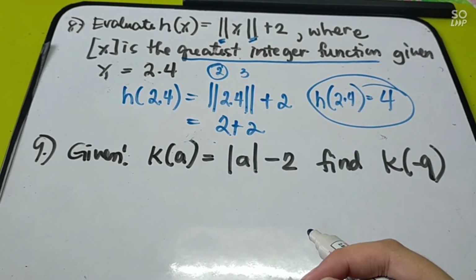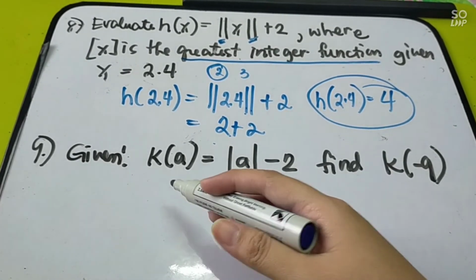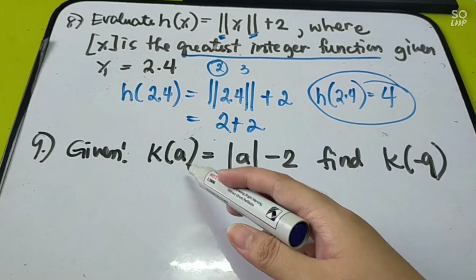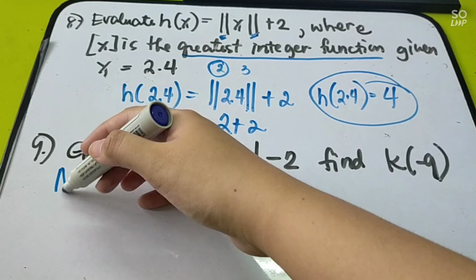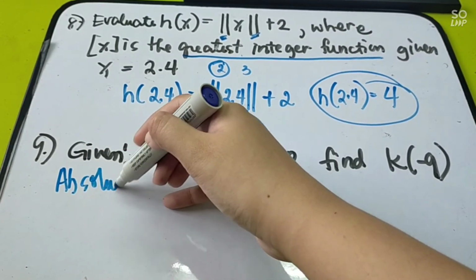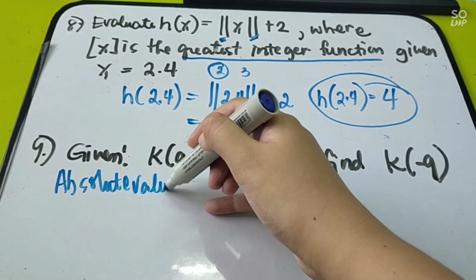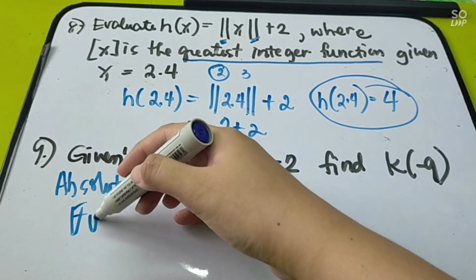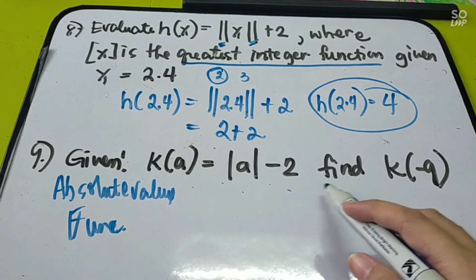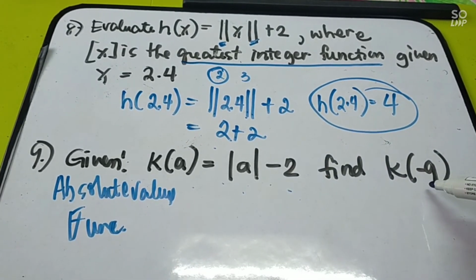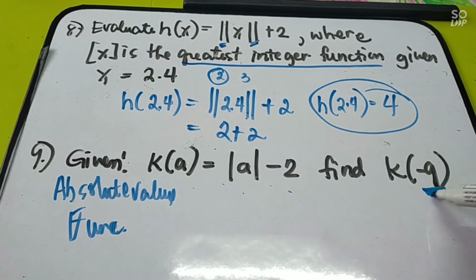Next tayo, let us have number 9. Dito kay number 9, we have k of a is equal to the absolute value of a minus 2. So, ito, ang tawag naman sa kanya is absolute value function. Ayan. Absolute value function. So, we are going to change a into negative 9.